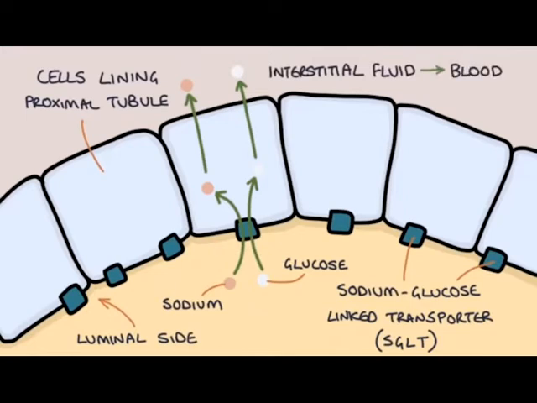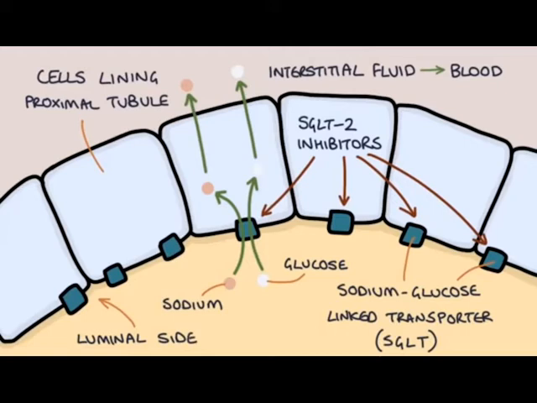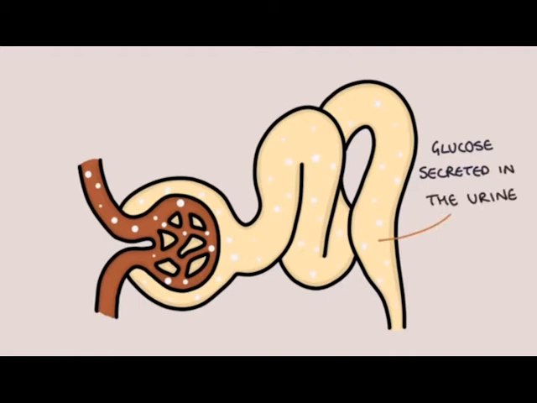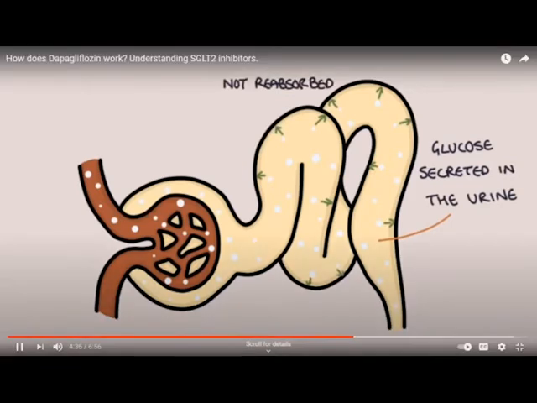This sodium-glucose linked transporter is a target of the SGLT2 inhibitors such as dapagliflozin, and as the name suggests, they inhibit the action of the SGLT2 molecule and prevent the glucose that is filtered out of the blood in the glomerulus from being reabsorbed. As a result, the glucose is secreted into the urine and the blood glucose stays low because it's not being reabsorbed in the proximal tubule. And this is how they reduce blood sugar and reduce the amount of sugar in the body.